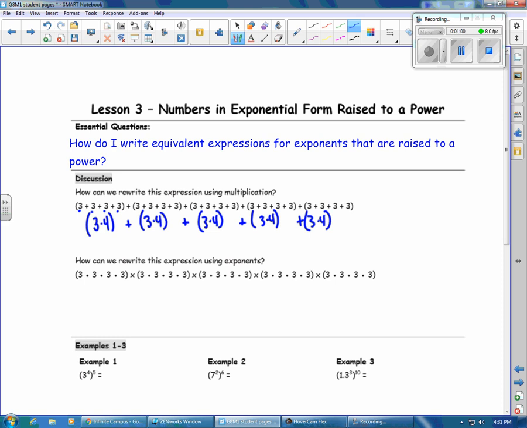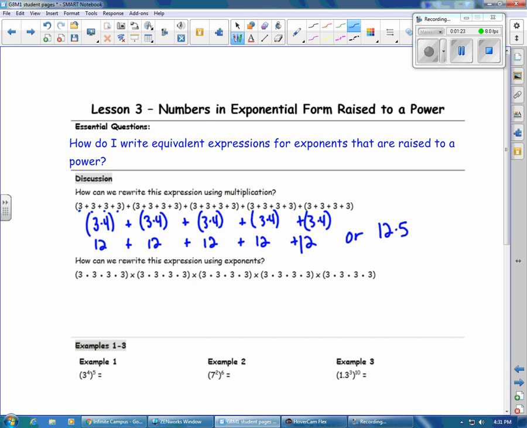Or we could simplify it further and say it's 12 plus 12 plus 12 plus 12 plus 12, or 12 times 5. That's again showing repeated addition using multiplication.